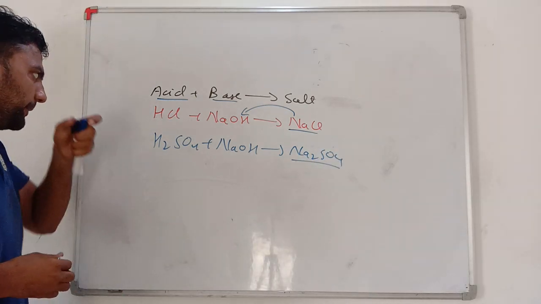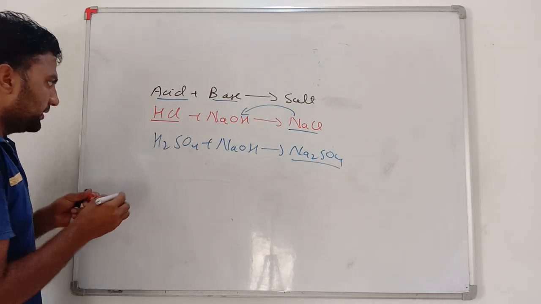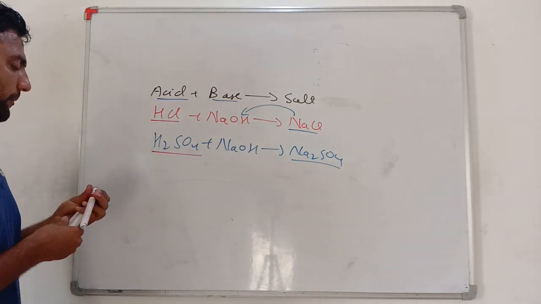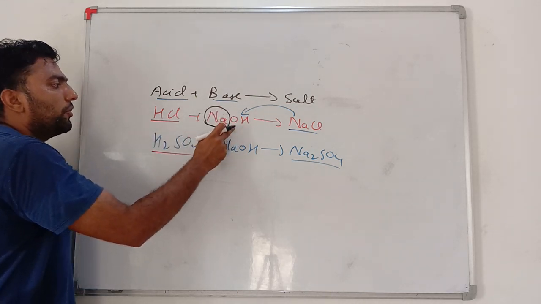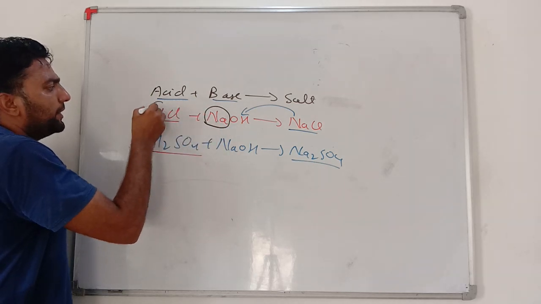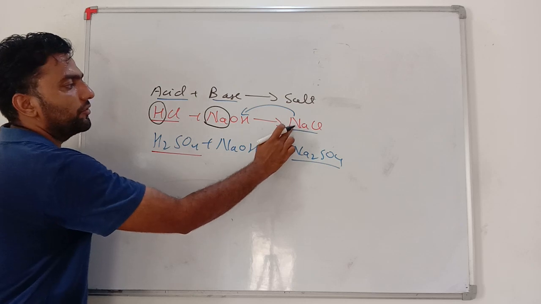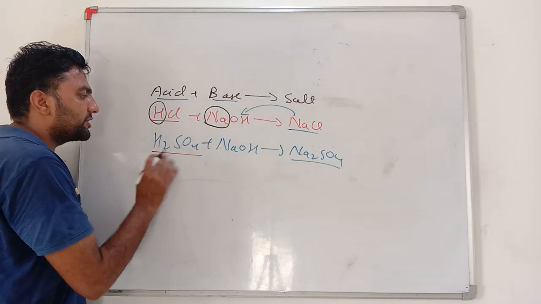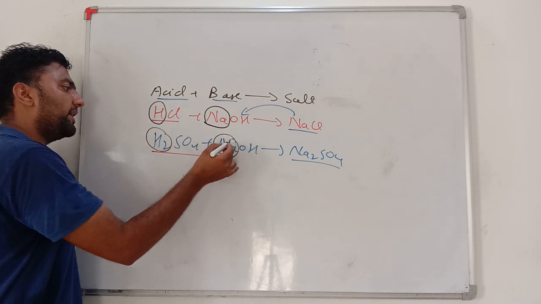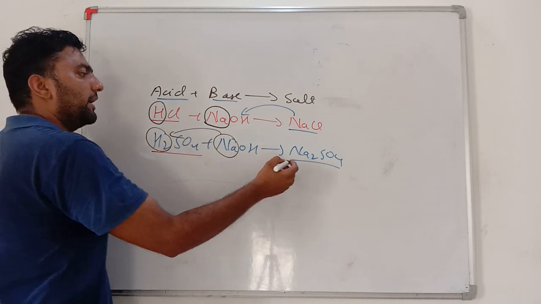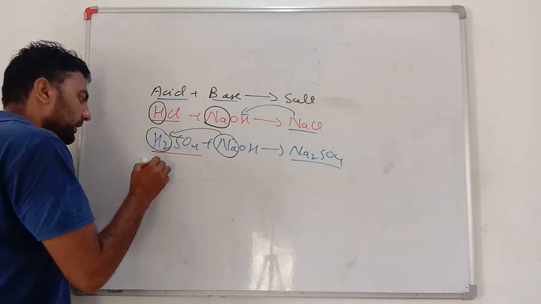Now you need to understand, this is acid HCl, this is acid H2SO4. A metal from the base takes the place of hydrogen in the acid, and what I get is NaCl. It was hydrogen, now it is Na metal. In H2SO4, the hydrogen of the acid is replaced by the sodium of NaOH, and I get Na2SO4.